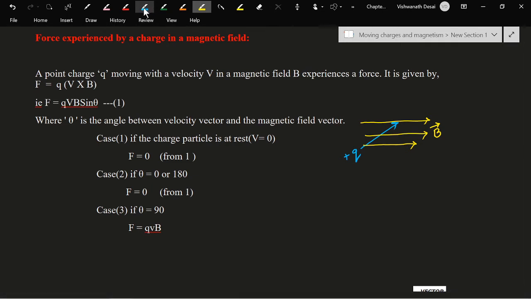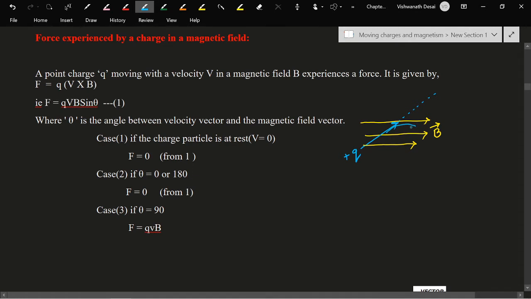When they interact, it will definitely experience a force. Then it no longer moves in a straight path, it just bends. This force is called magnetic force, or the force experienced by a charge in a magnetic field.